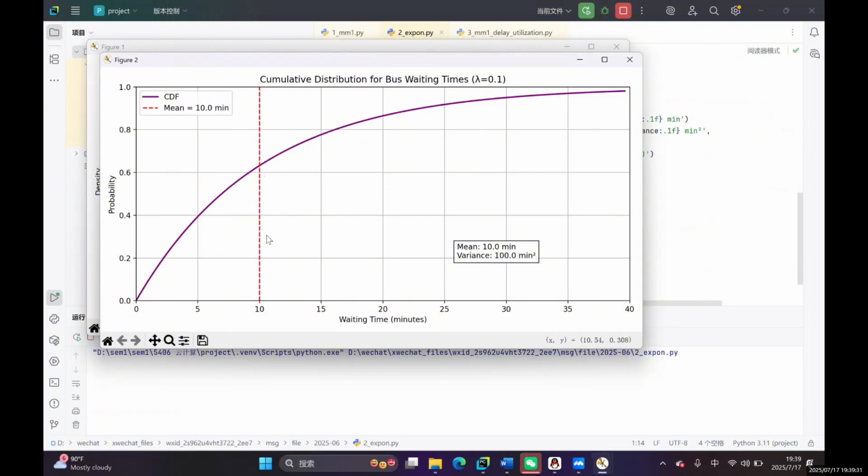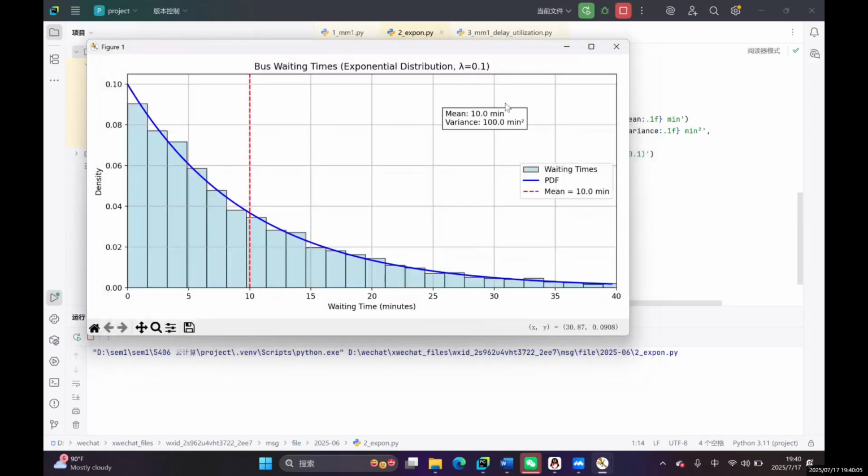From this curve, we can see that around 63% of passengers wait less than 10 minutes, and about 90% of passengers wait less than maybe 23 minutes, and probability approaches 1 near 40 minutes, meaning very long waits are rare, but also will happen in this situation.